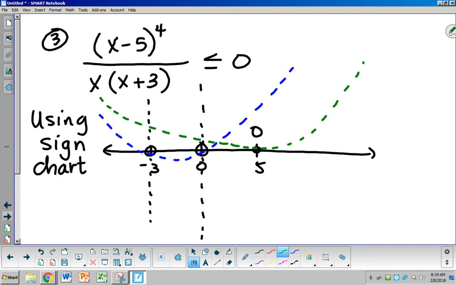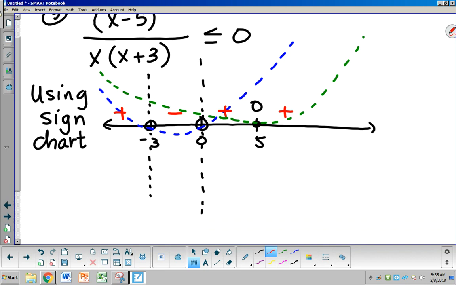Now let's do our sign chart. What happens to the left of -3? Positive, negative, positive, positive. And we want the values where this expression is less than or equal to 0.